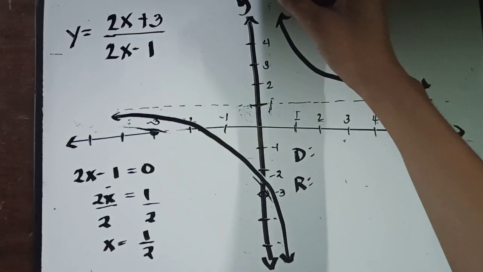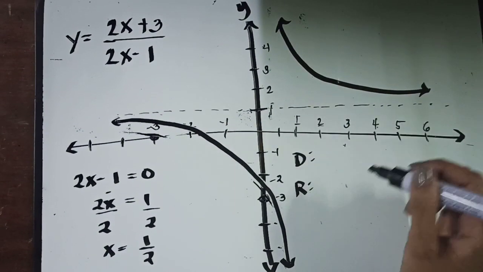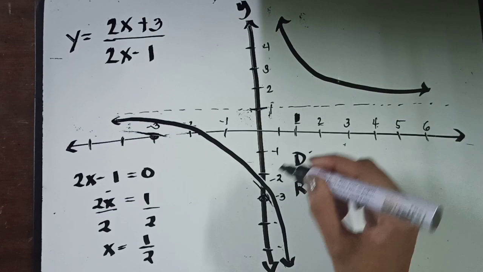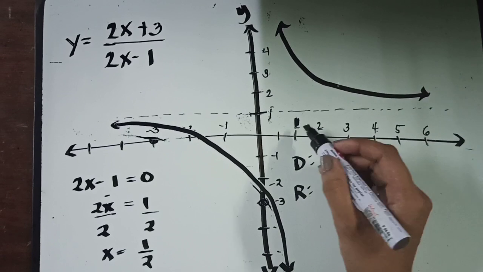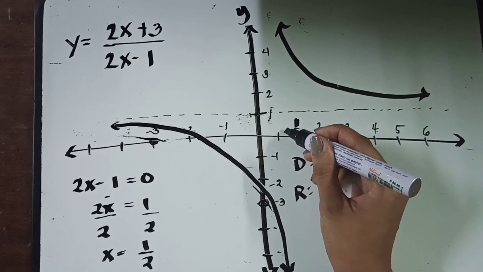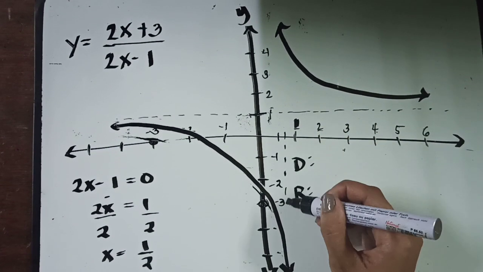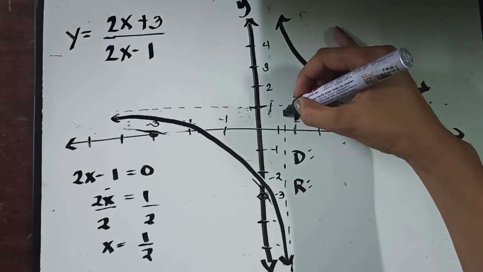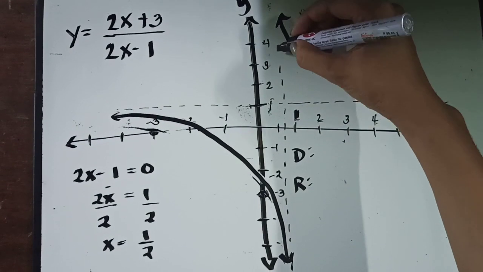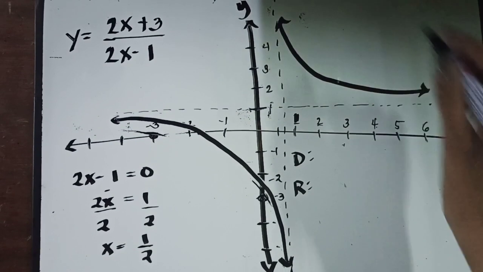So kung mapapansin nyo, itong graph natin ay hindi nagtagpo sa x, which is 1/2. So ito yung 1, nandito yung 1/2. Okay, so palapit lang siya ng palapit, pero hindi nag-meet.